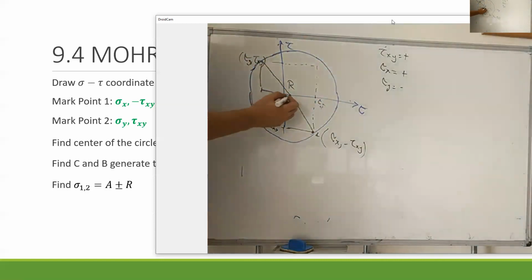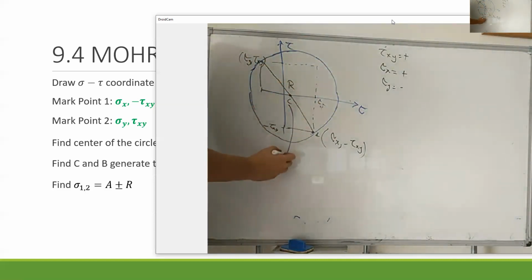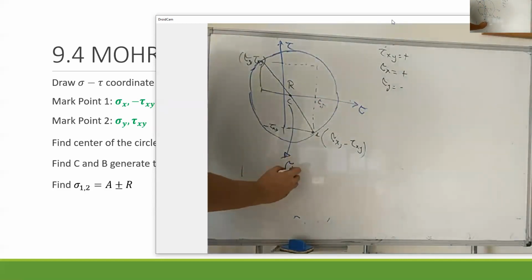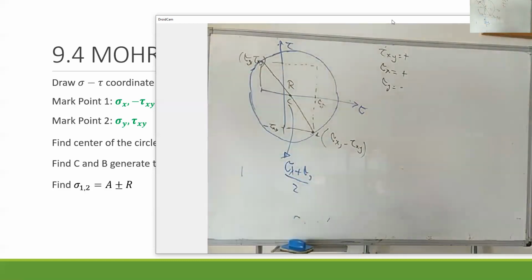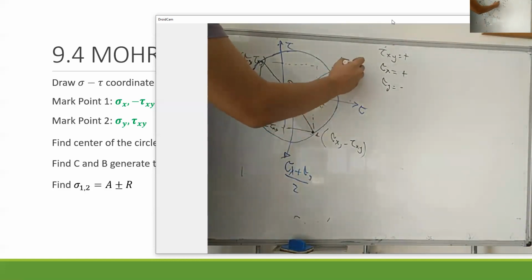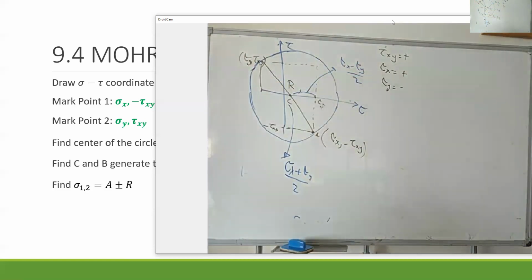First of all, I want the radius of the circle. The coordinate of the centroid is sigma x plus sigma y over 2. The location of this is sigma x minus sigma y divided by 2.